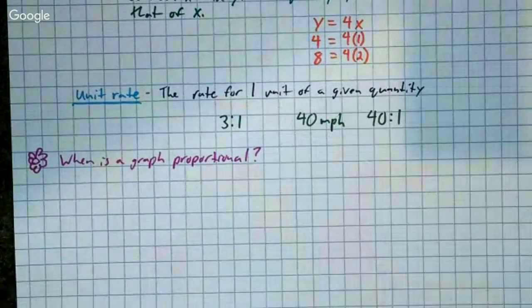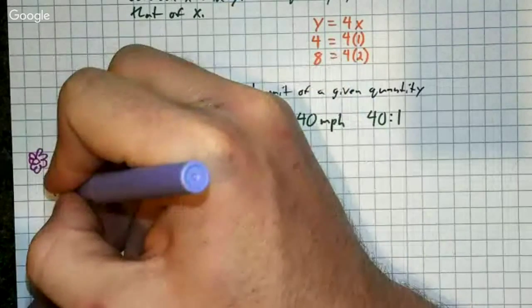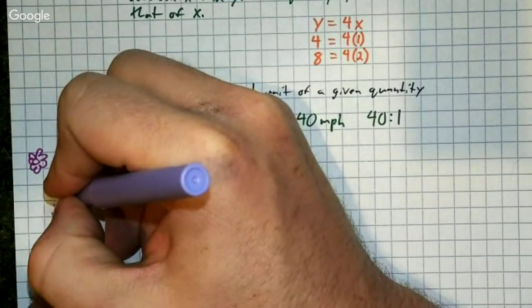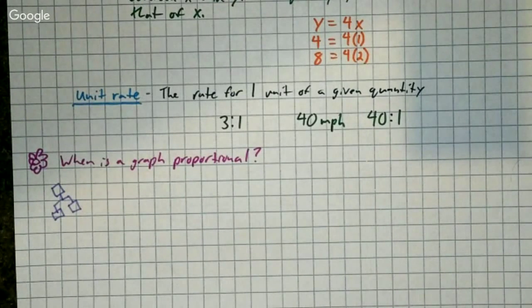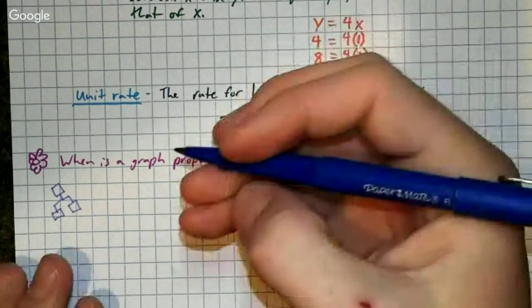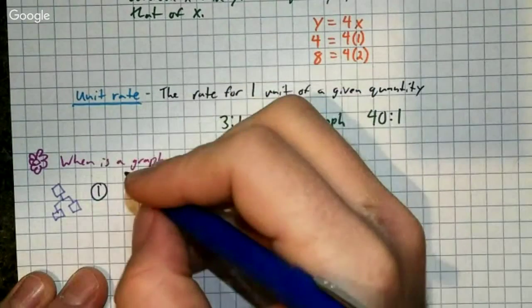There are 2 rules for when a graph is proportional. I'm going to write our rules down right here. These rules will always tell you whether a graph is proportional or not. Rule number 1, the line is straight.